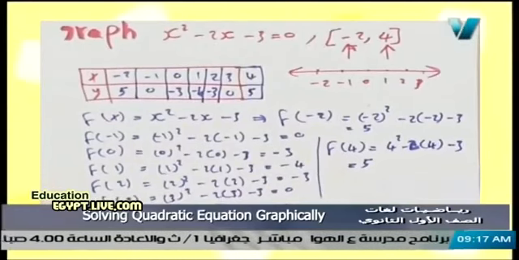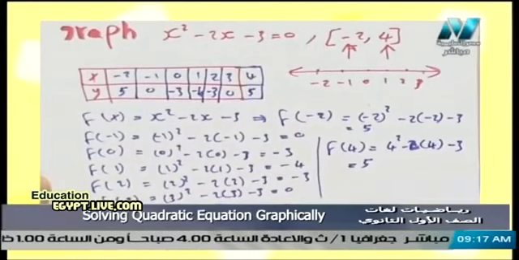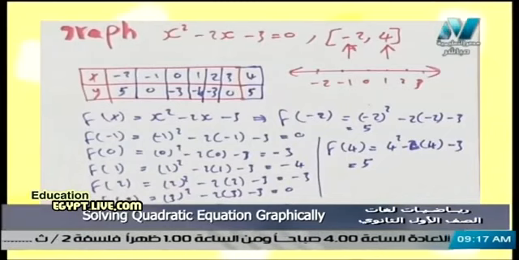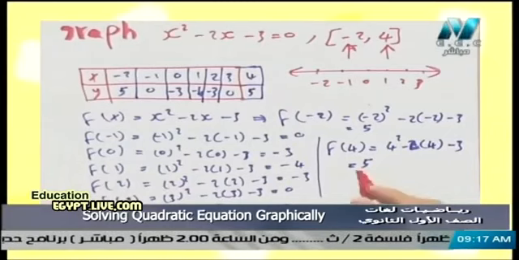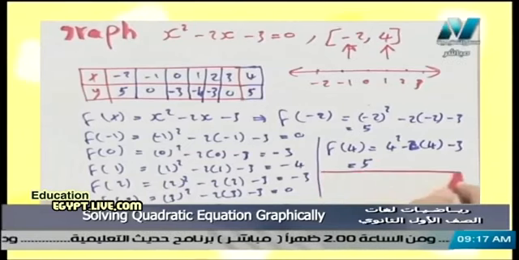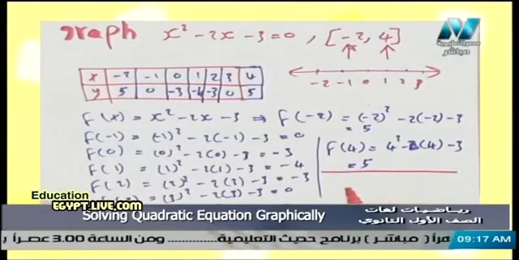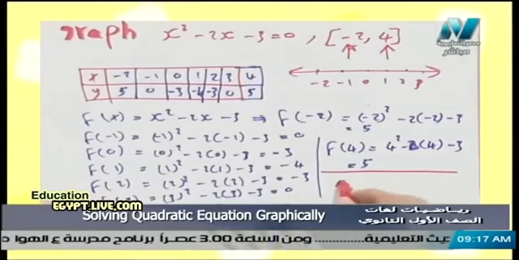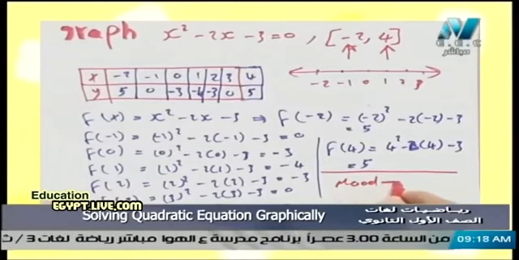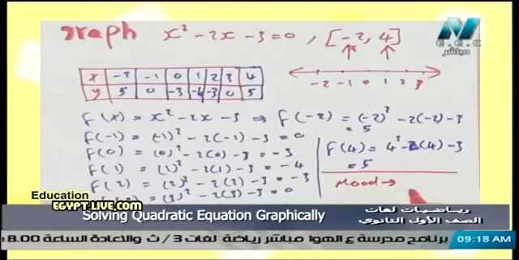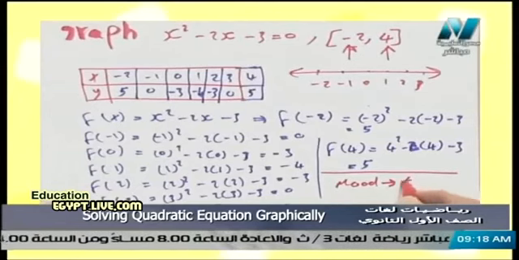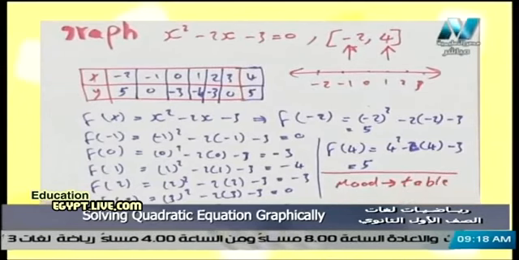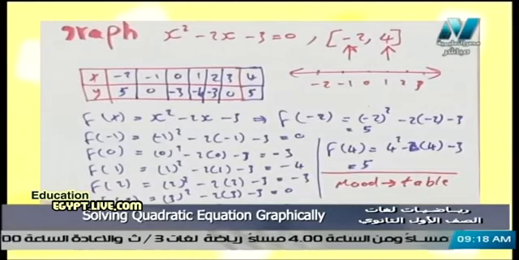We have another method, by using a calculator. If you have a scientific calculator, open it and press the button Mode, then search for Table, which has a number, maybe 7.